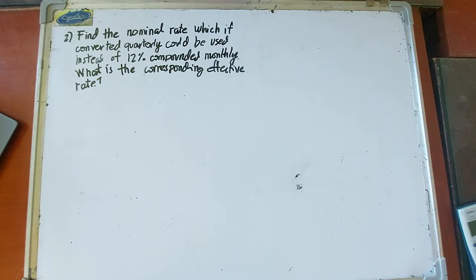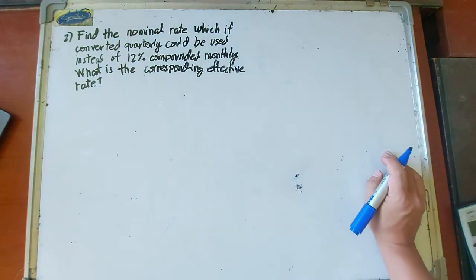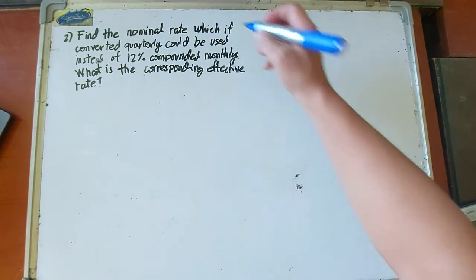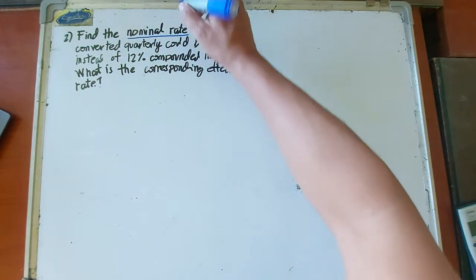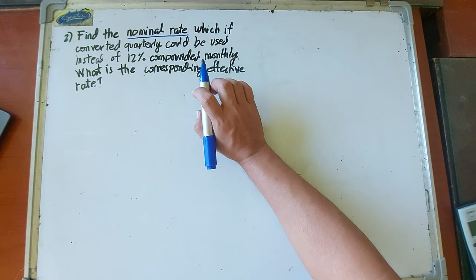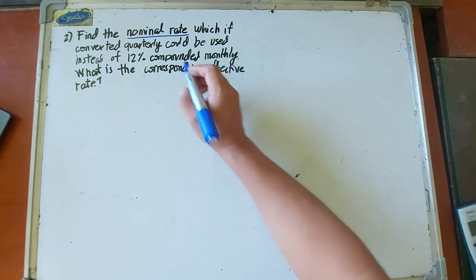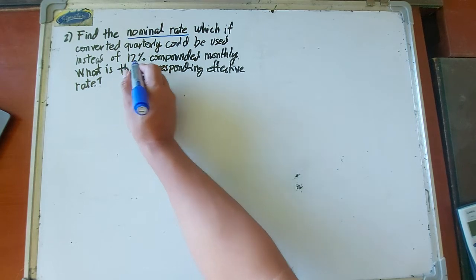Okay, number two, find the nominal rate which, if converted quarterly, could be used instead of 12% compounded monthly. So what is the corresponding effective rate? Okay, so find the nominal rate. So we're solving for the nominal rate. Originally, the nominal rate is 12% compounded monthly.